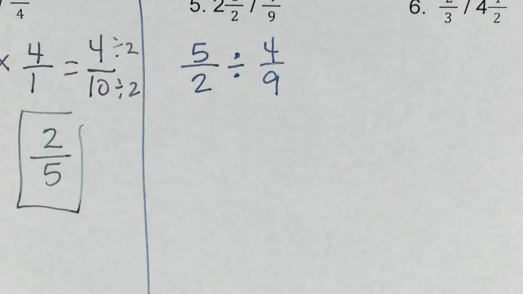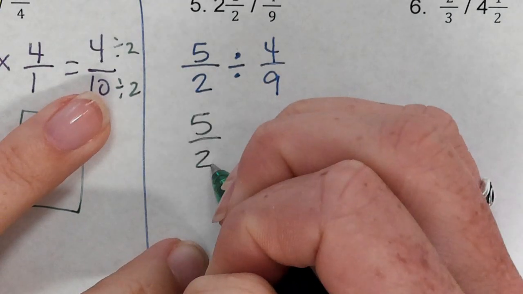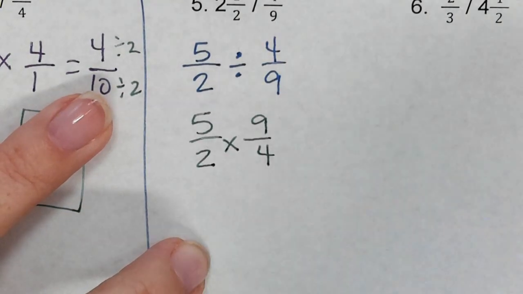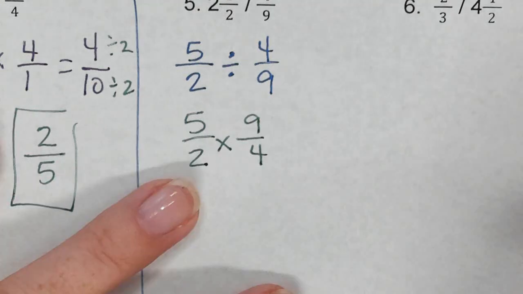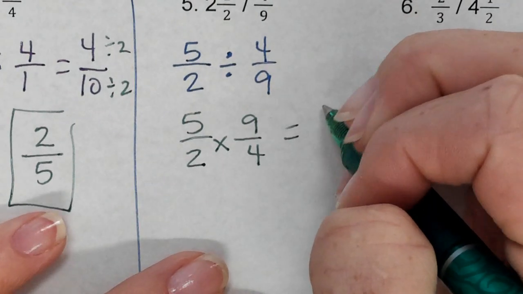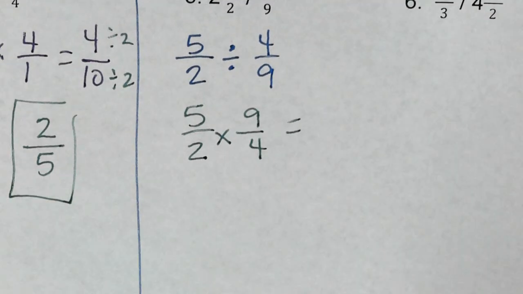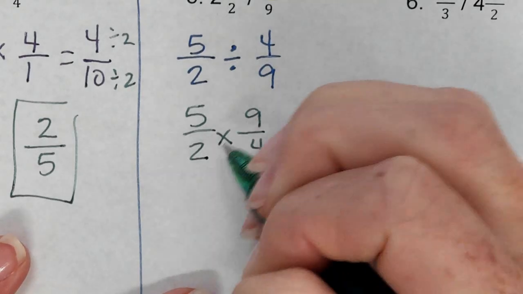Okay, now I'm going to do what? Keep, change, flip. 5 halves times 9 fourths. Okay, go do it. I'm waiting on y'all to do it. Did everybody get the next step? 5 times 9 is? 2 times 4 is?